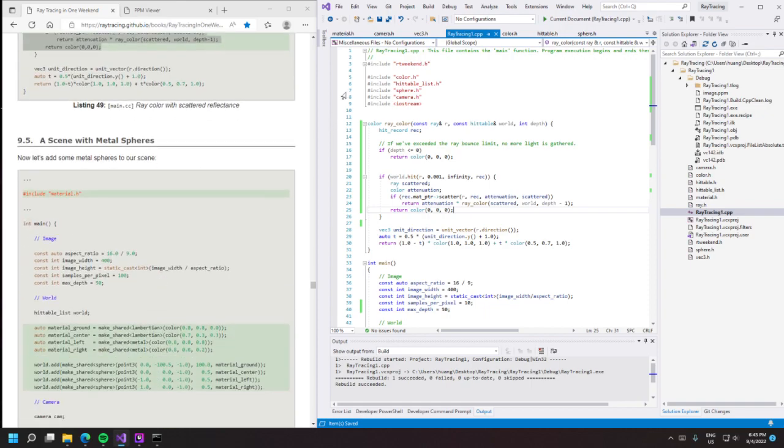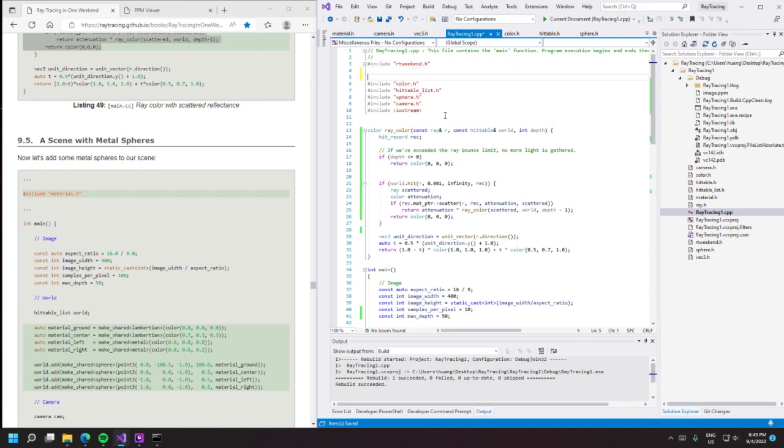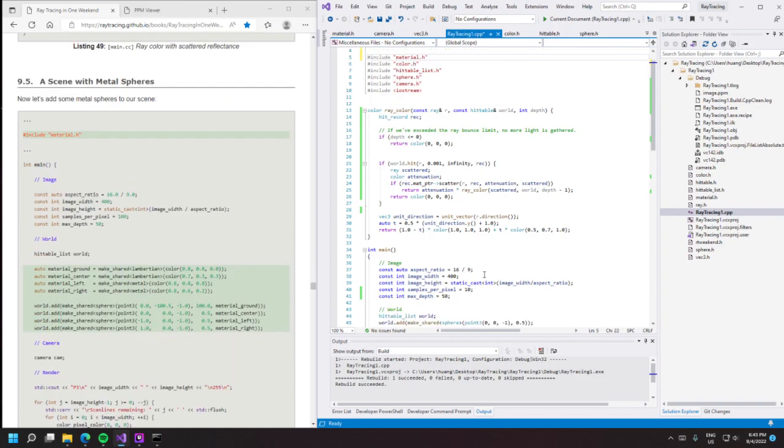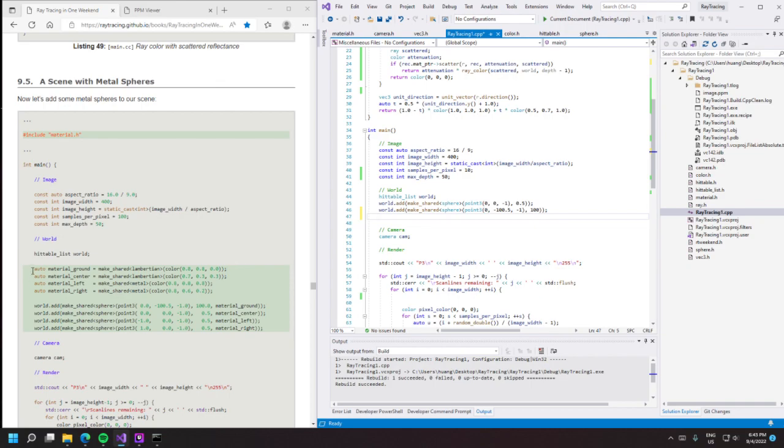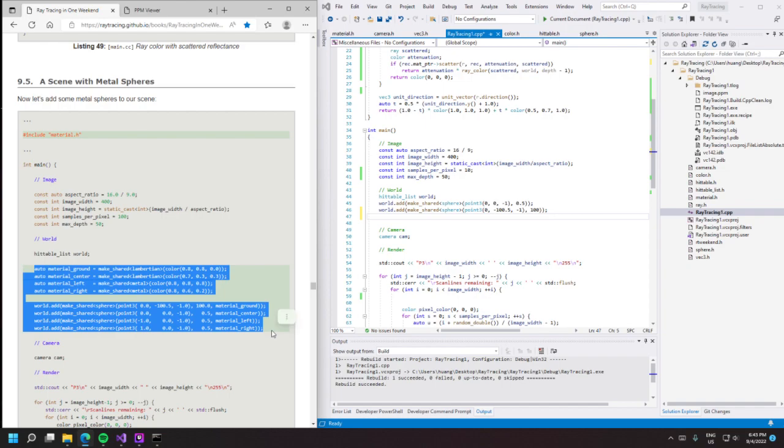Now let's add some metal spheres to our scene. Let's include metal. Okay, include material and the world. Okay, so we are adding different materials to the different things in our world. We have the ground, the center, left, and the right.